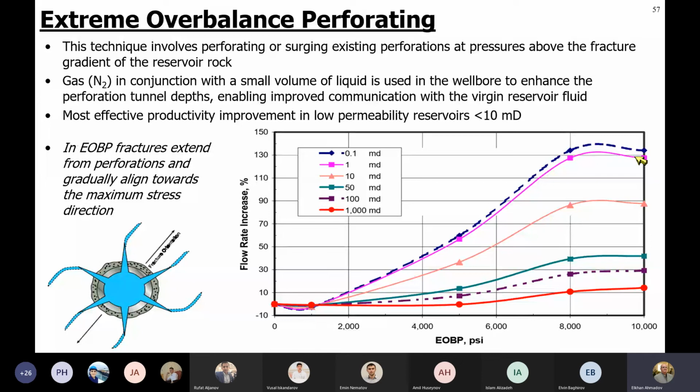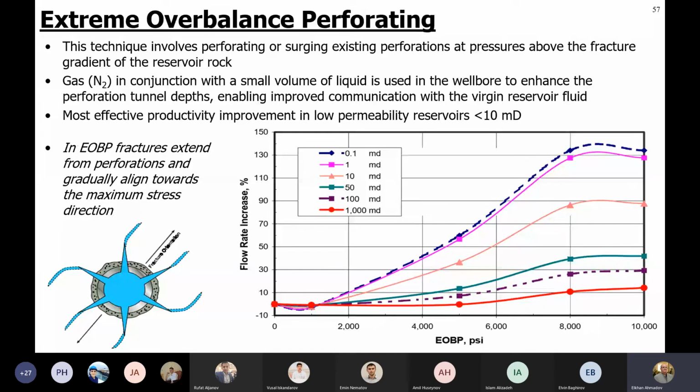Because what fracturing is doing is increasing the exposure of the well to the reservoir. Fractures are connecting some impermeable zones, but if your reservoir has sufficient permeability, then the fracturing will not have a great effect.